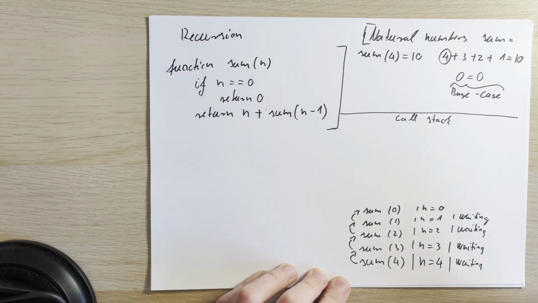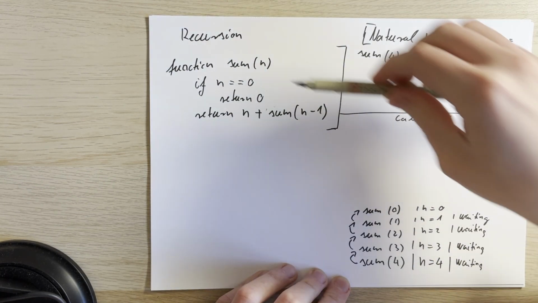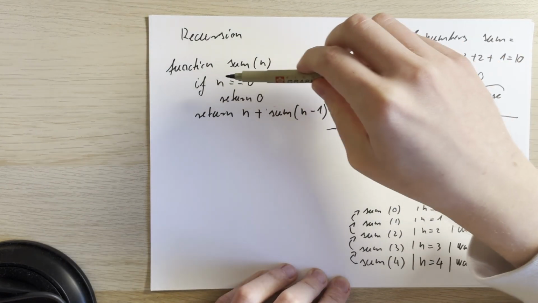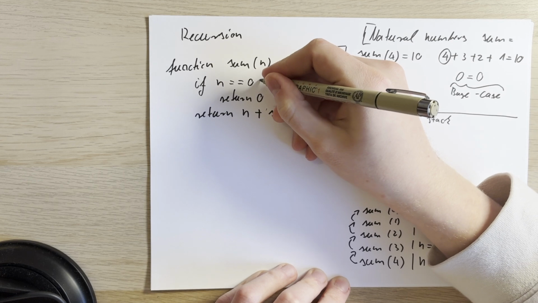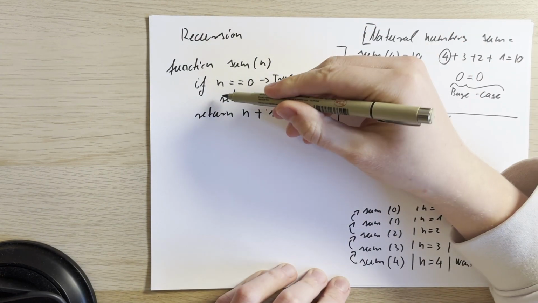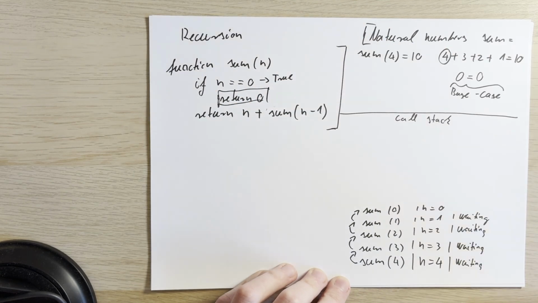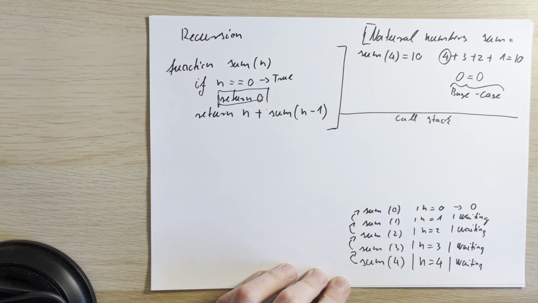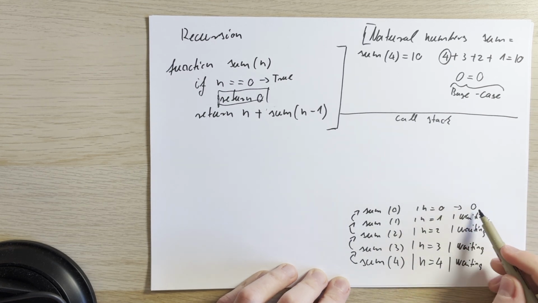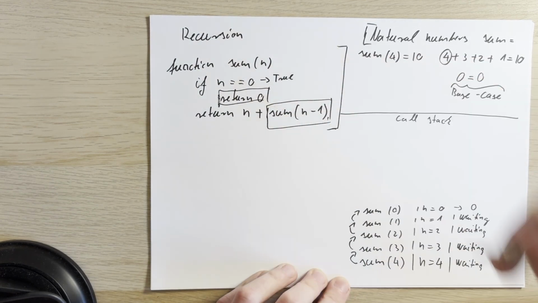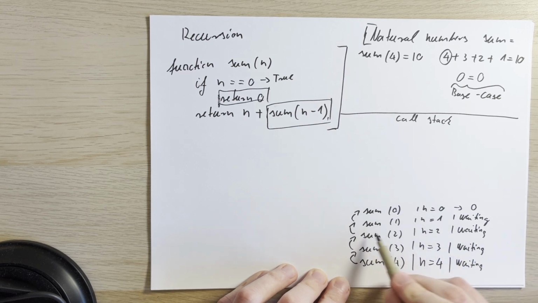Let's walk through the function. In this scenario, n is 0, so if n equals 0 is true, and it will return 0. Now we know this evaluates to 0, and the next thing happens. We will know what sum of n minus 1 evaluates to with sum 1.